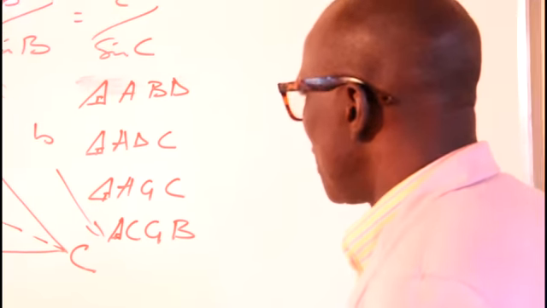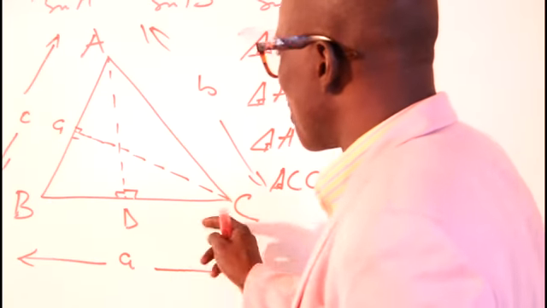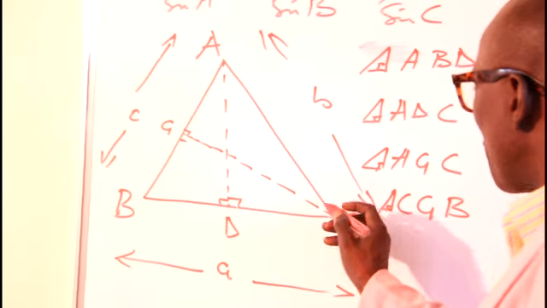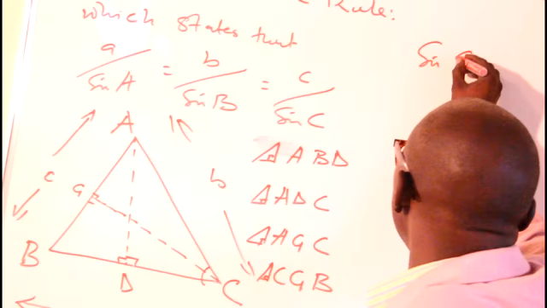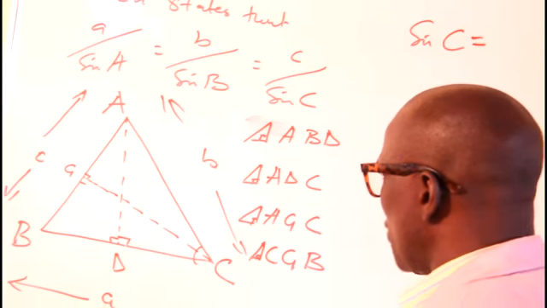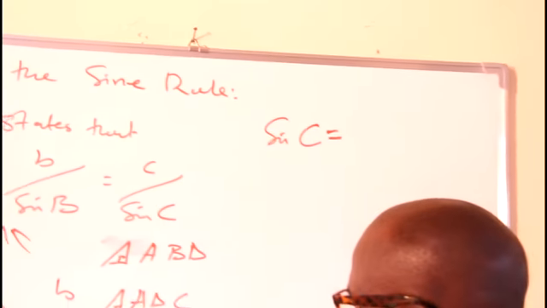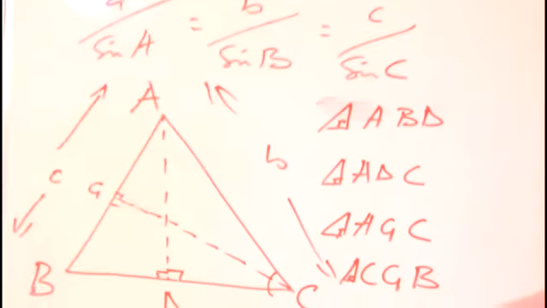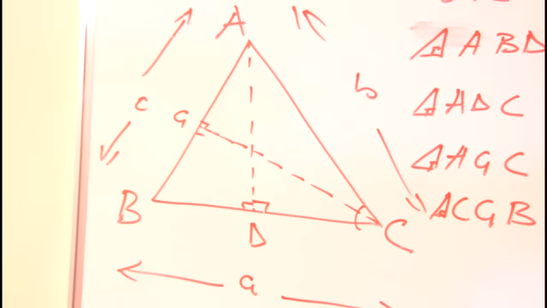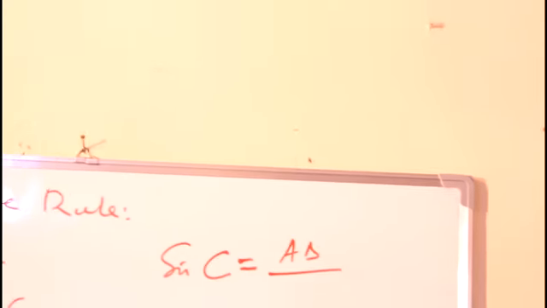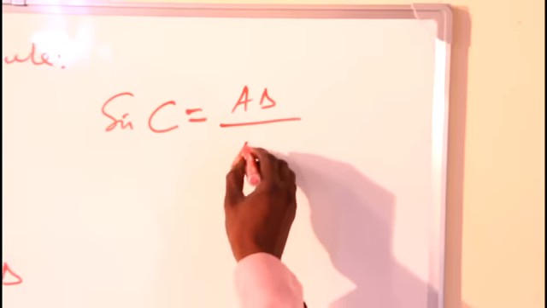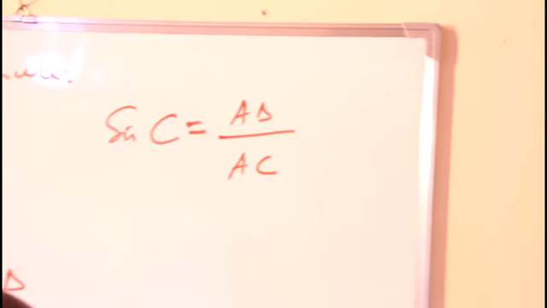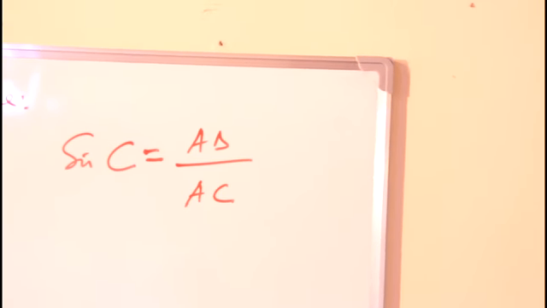Now, dealing with this right angle triangle, sine of angle C will be equal to opposite over hypotenuse, that is AD over AC.